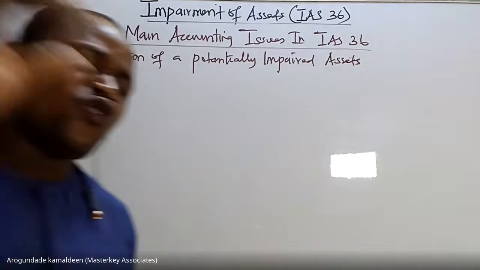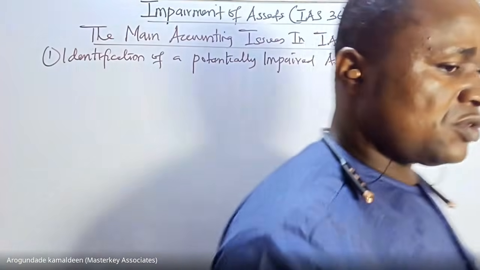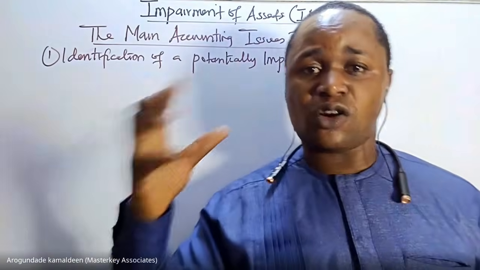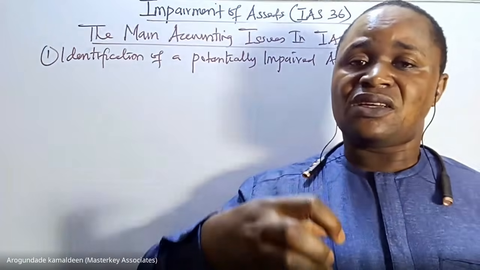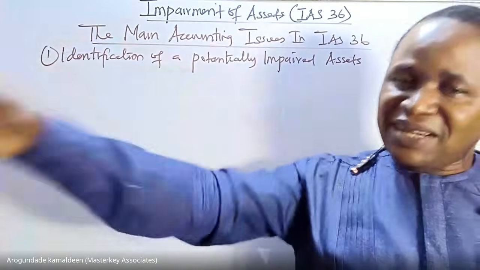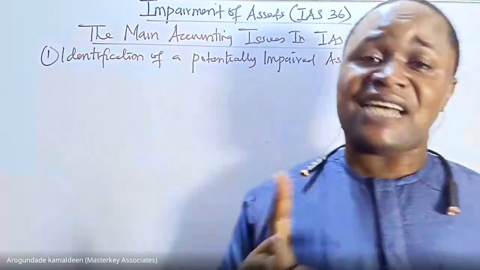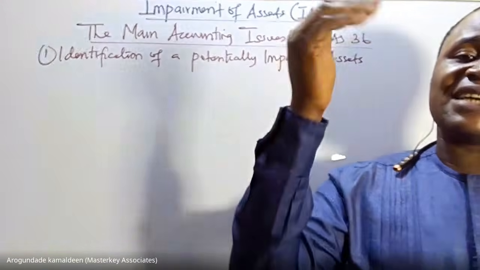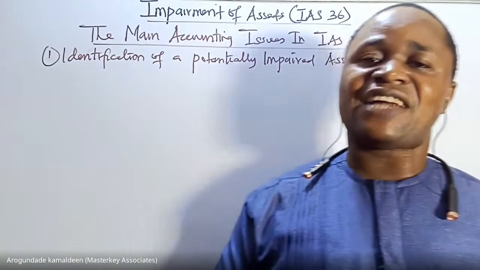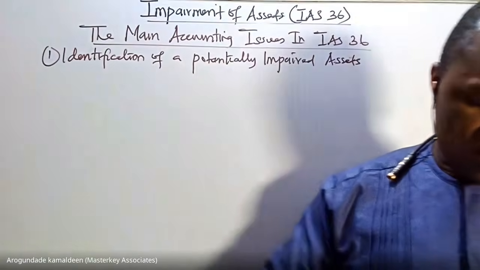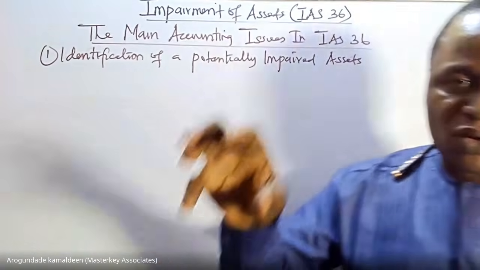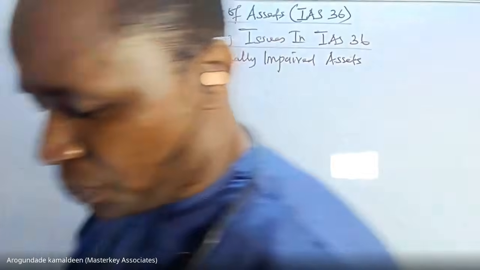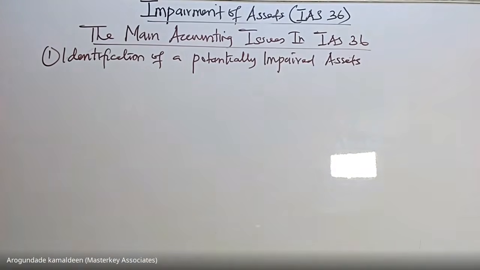As a company, you are going to discover some signs that will tell you the possibility of an impairment. So at the end of each accounting year, you are to assess if there are indications of any possible impairment to any of your assets.